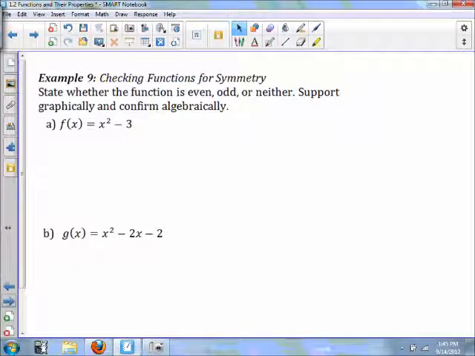Moving on to example 9. State whether the function is even, odd, or neither. Support graphically, confirm algebraically. So here we go. We're going to graph it first.